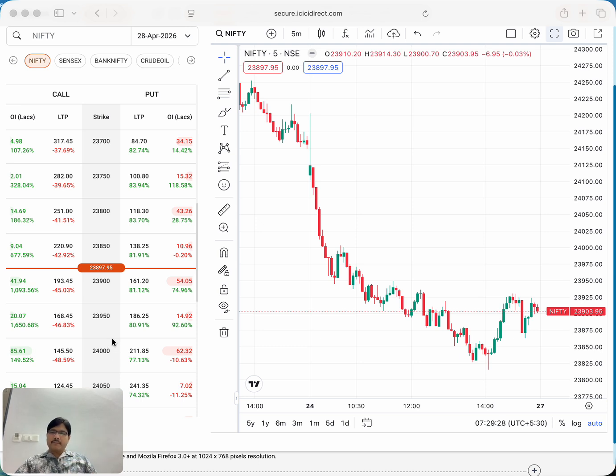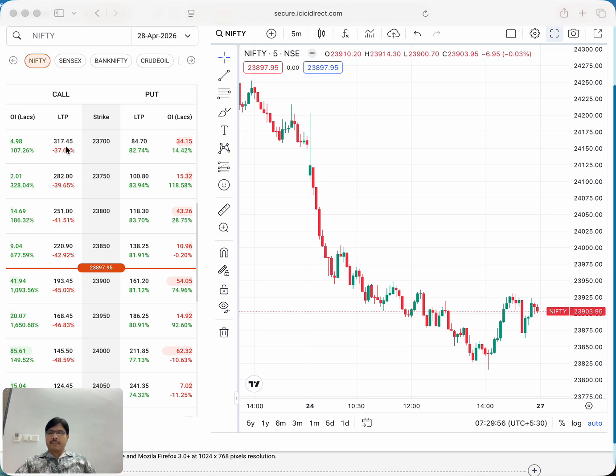What is the meaning of this strike price? If you see this boundary line where you have the spot price, on the call side if you go above this and take any premium, LTP is called latest traded price, we call it in the money. What is the advantage of taking in the money if you trade it?